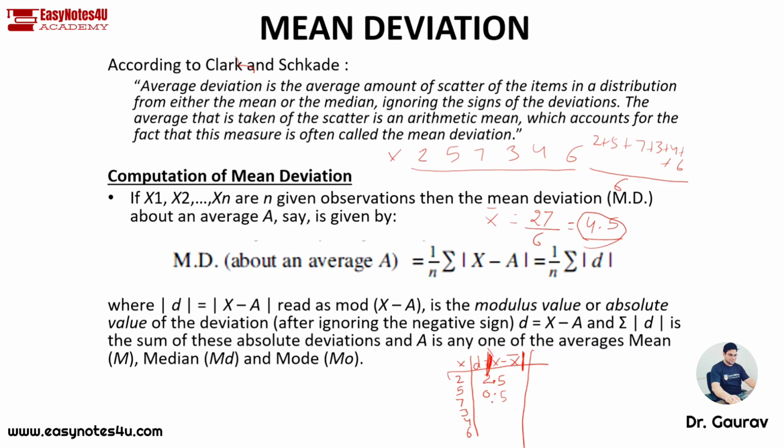Then 7 minus 4.5 is 2.5. 3 minus 4.5 is 1.5, ignoring the minus sign. 4 minus 4.5 is 0.5. 6 minus 4.5 is 1.5.